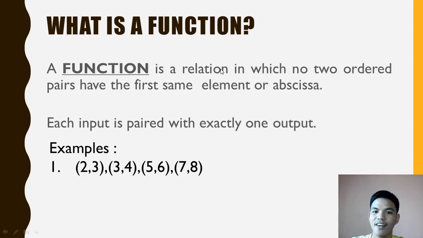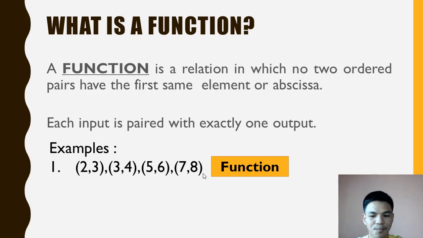Having said that, a relation can be a function if there are no ordered pairs which have the same first elements. So again, the domain of the first example is 2, 3, 5, and 7. Since there is no repeated x element in these ordered pairs, this example number 1 is a function.